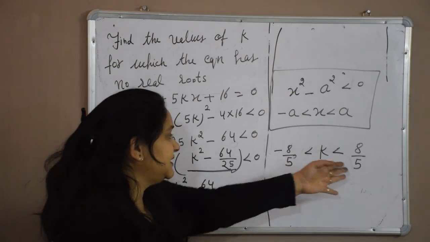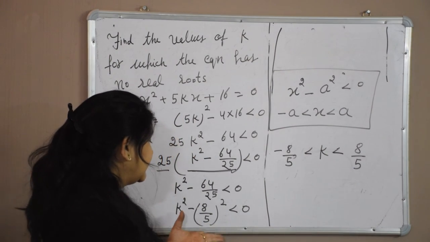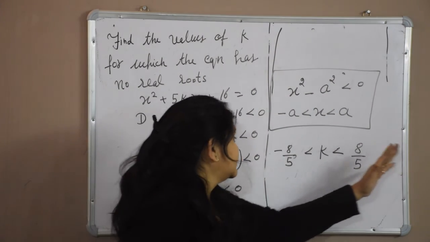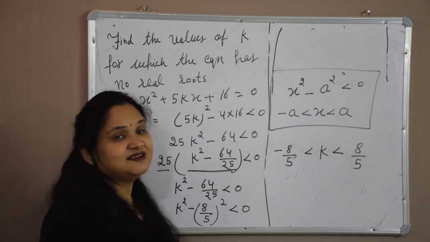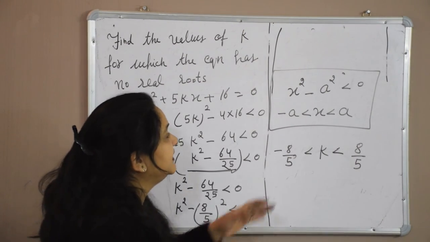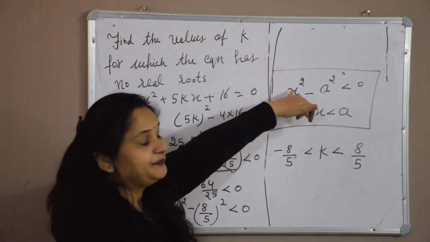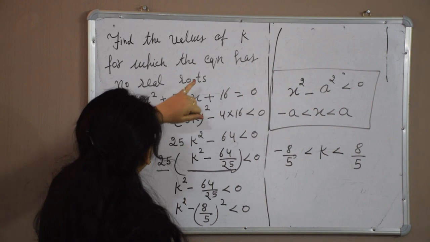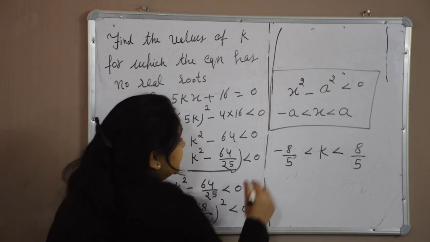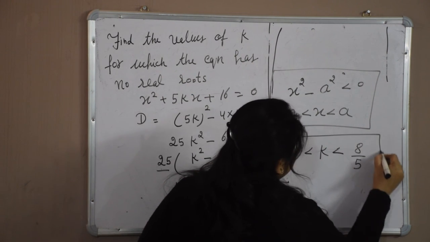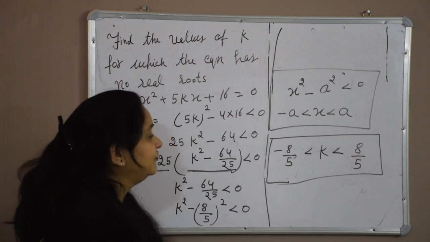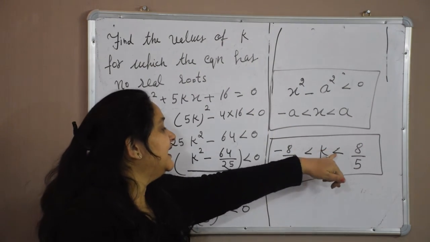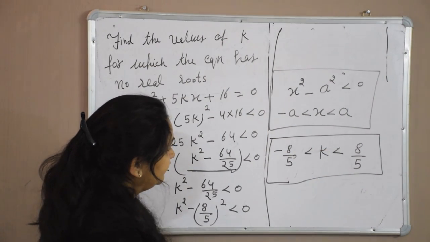Any number between these numbers will definitely satisfy the inequality, but if we take k more than this or less than this, it will never satisfy the inequality. So the condition for the values of k for which the given equation has no real roots: k should be greater than minus 8 by 5 and less than 8 by 5.